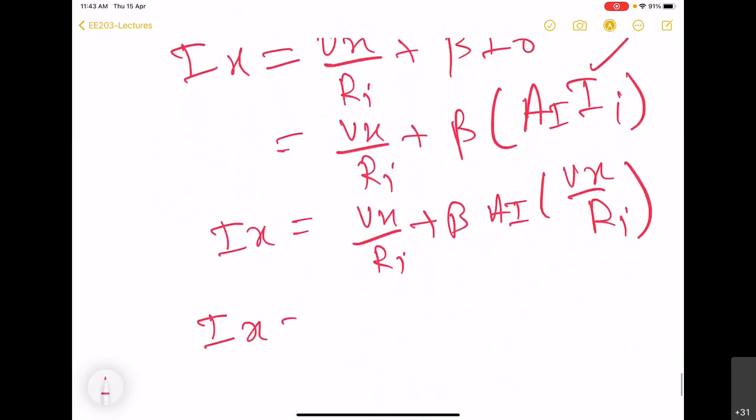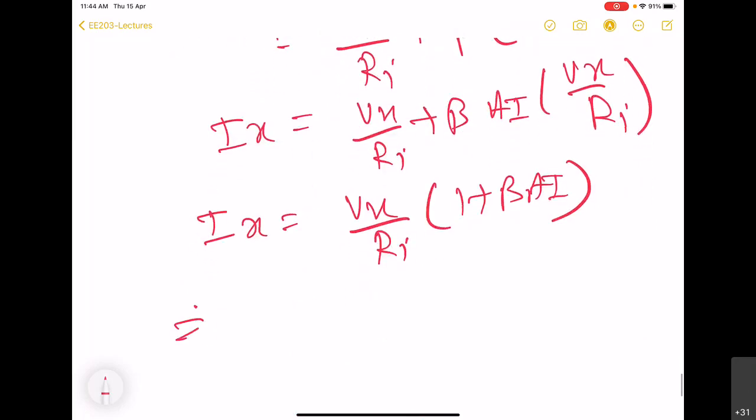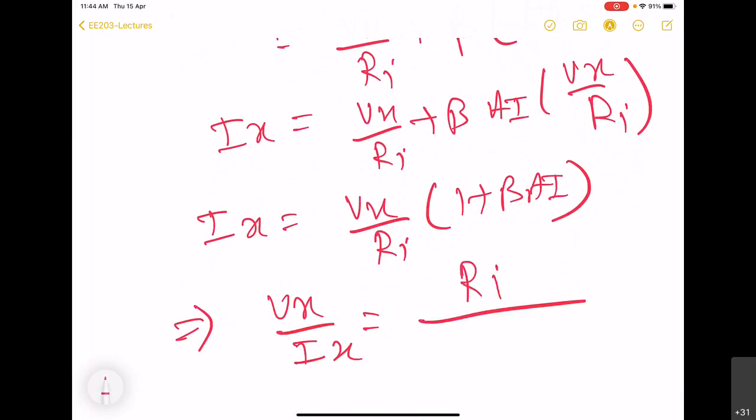So we see that Ix is equal to Vx by Ri into 1 plus beta Ai, or Vx by Ix is equal to Ri divided by 1 plus beta Ai.